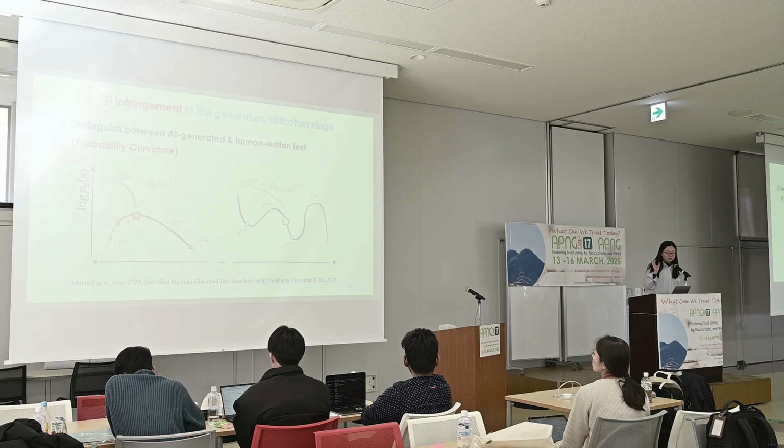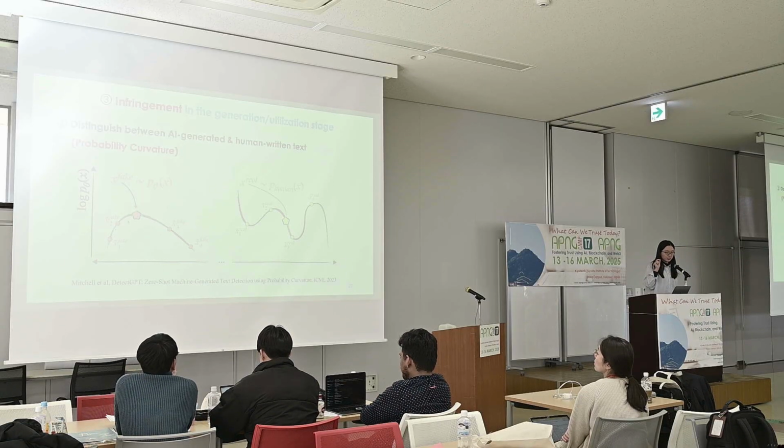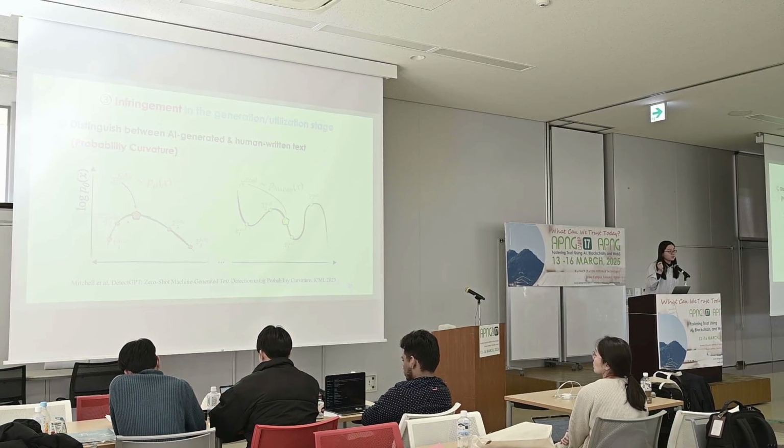But for humans, when we say some sentence, we don't care about the probability. We have some logic, and we always follow our logic. So we don't always pick the largest one, the top of the curve. On the right-hand side, you can see, with the green color, human output can be any place on this curvature. Basically, this is the difference between the AI and the human. Using this property, we can try to distinguish between AI and human generated text. This is the basic idea.